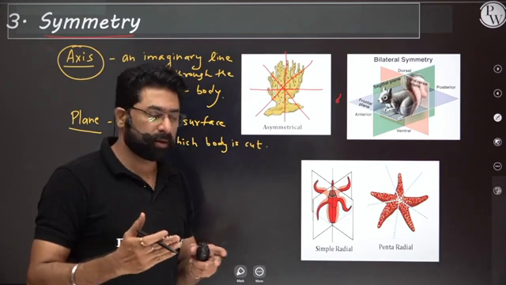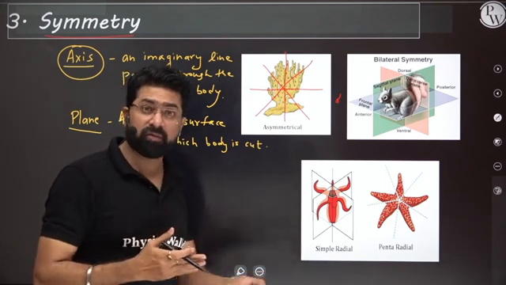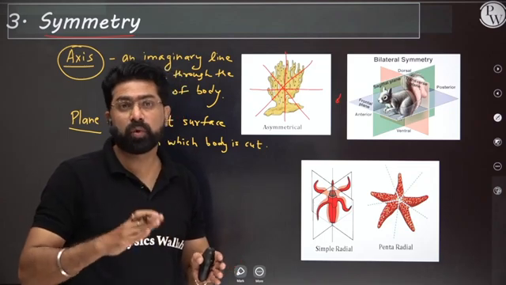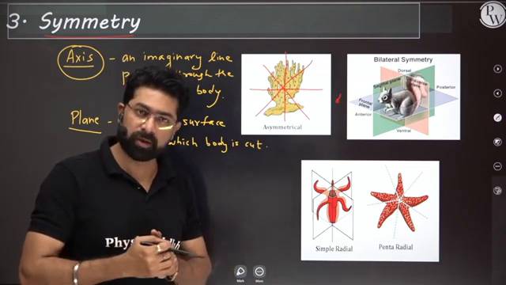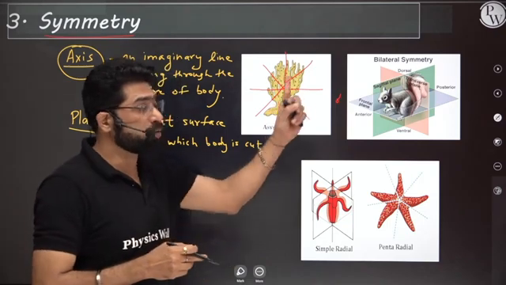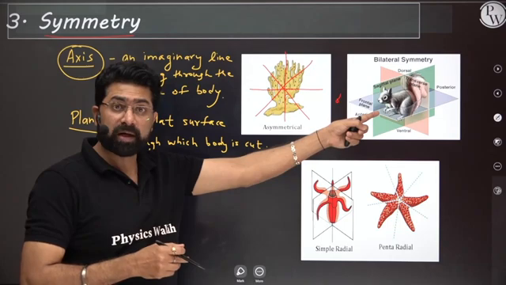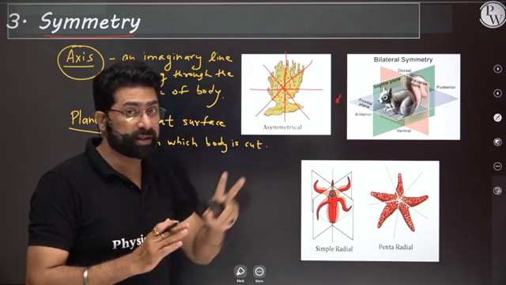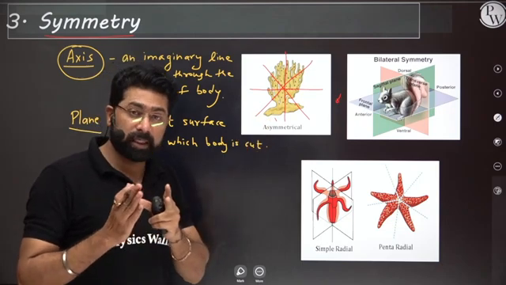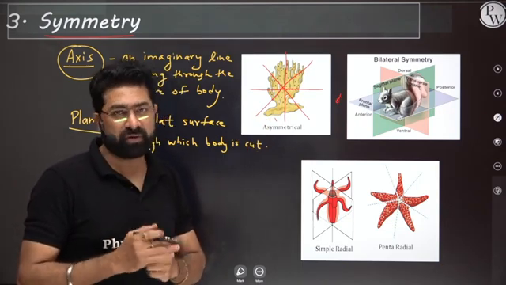So the radial symmetry you should understand: when an organism is cut from any plane and two equal halves are obtained, it's called what? Radial symmetry. Is it clear? But when only one plane is possible to cut the organism into equal halves, it's bilateral symmetry. When no plane can cut it into two equal halves, it is asymmetry.